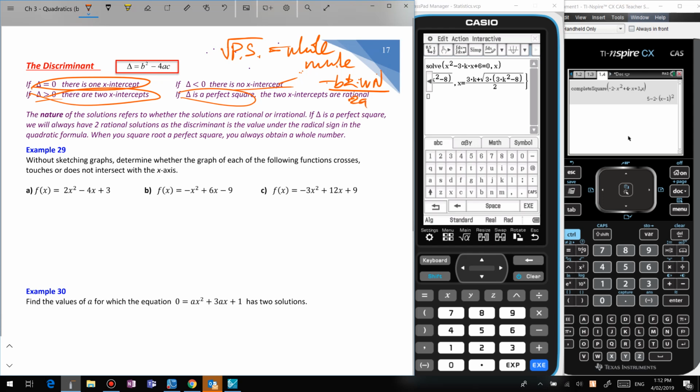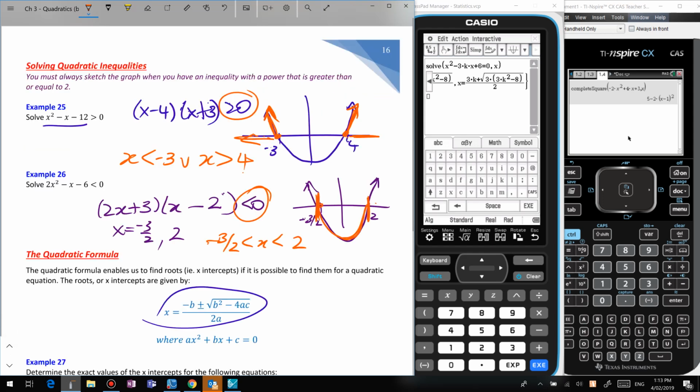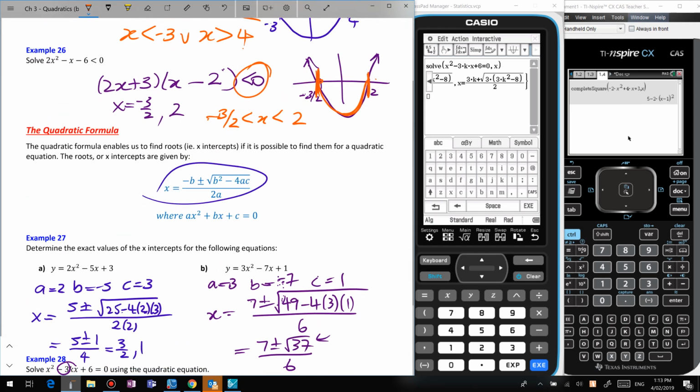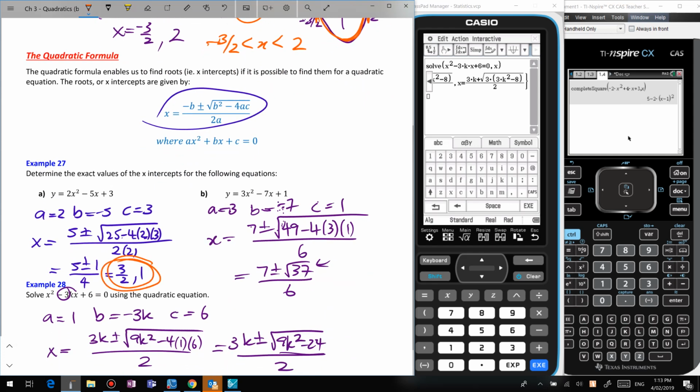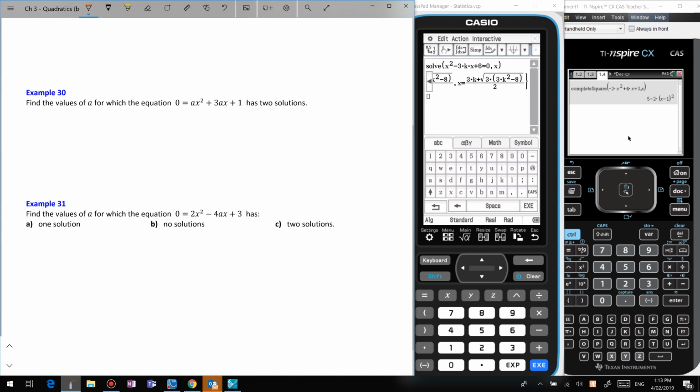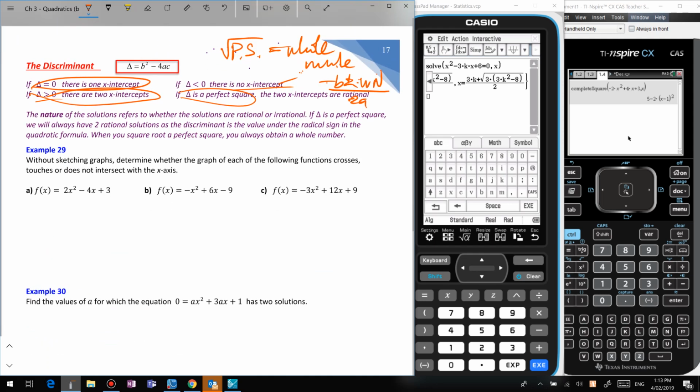So that's going to give us 2 fractional answers or 2 whole number answers, just like we got before on the previous page here. Underneath that was a perfect square, so we ended up with a rational number and a rational number. This one's a fraction, the other one's a whole number, but both of them are rational numbers. Okay, so the discriminant can tell us how many solutions we've actually got, and it can tell us whether or not we're going to get any solutions.